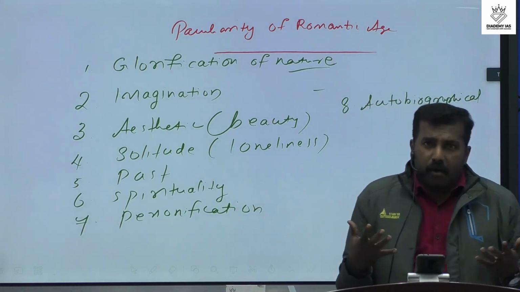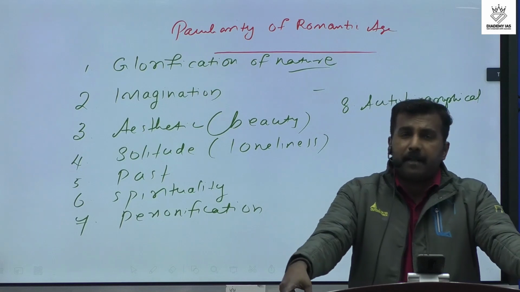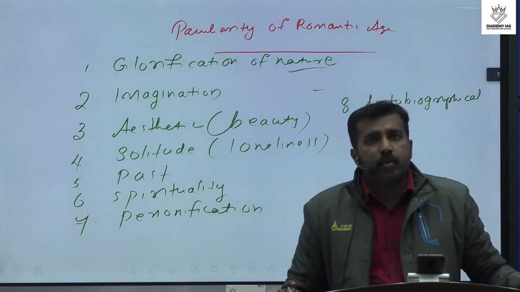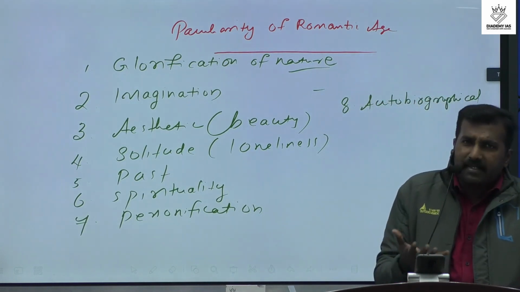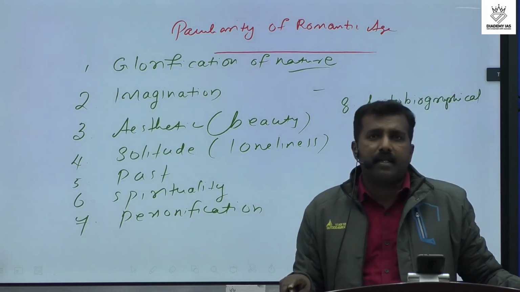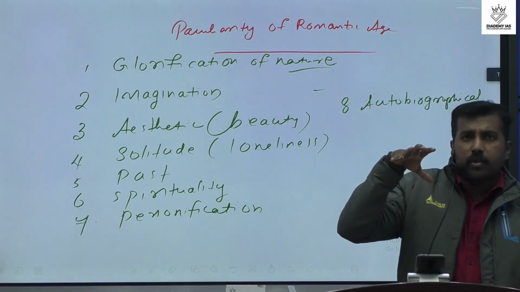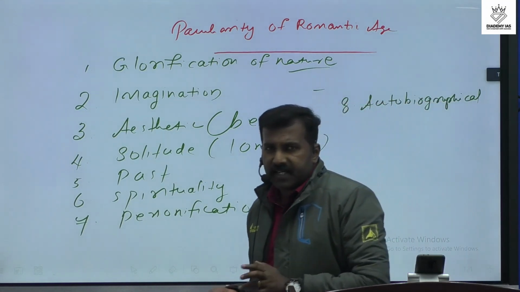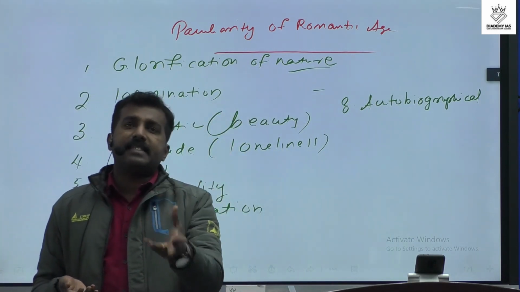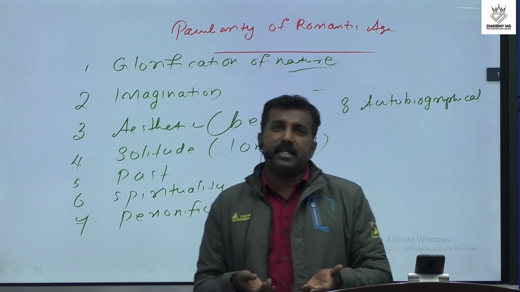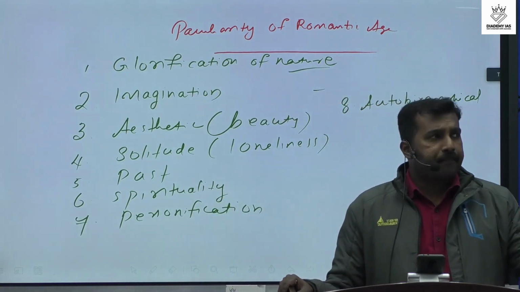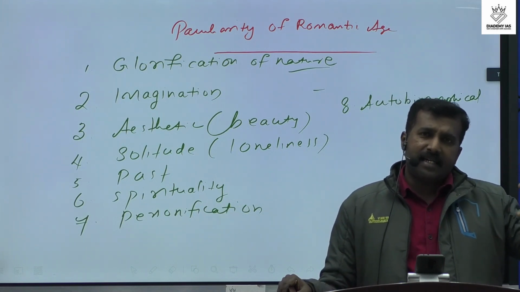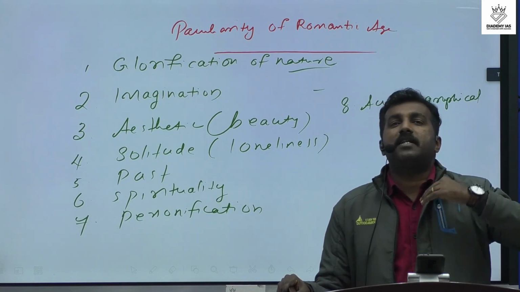Like the Lucy poems by William Wordsworth that we already explained. Lucy was an unknown person; we don't know who Lucy was. But William Wordsworth used Lucy as a symbolic character, a representation of love, beauty, sadness, and it is directly or indirectly connected with Wordsworth's mindset.